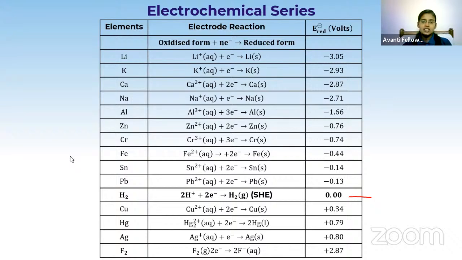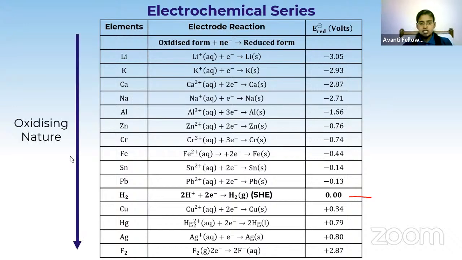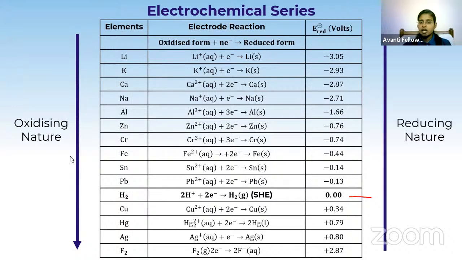If the E naught reduction value is moving from negative to positive, then the oxidizing nature increases. And if it is going towards the negative side, the reducing character increases. So this is a very important point. If the E naught value is positive, it is a strong oxidizing agent. If the value is negative, then it is a strong reducing agent.